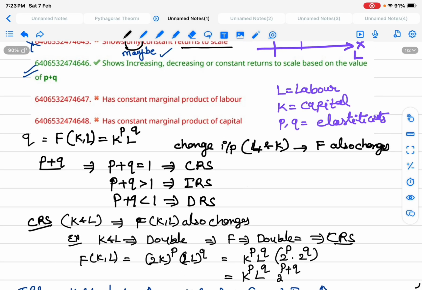Option C says it has a constant marginal product of labor, so we will find MPL and MPK.